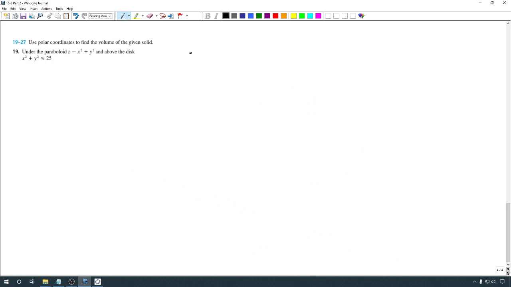Now, when we actually want to do this using polar coordinates, we want to think about what is our region that we're working with, basically as a polar rectangle. In this case, it actually is a polar rectangle. So I can even just put as r. The region here is all r and theta, where r starts at 0 but goes out to 5, because our biggest radius here is 5.